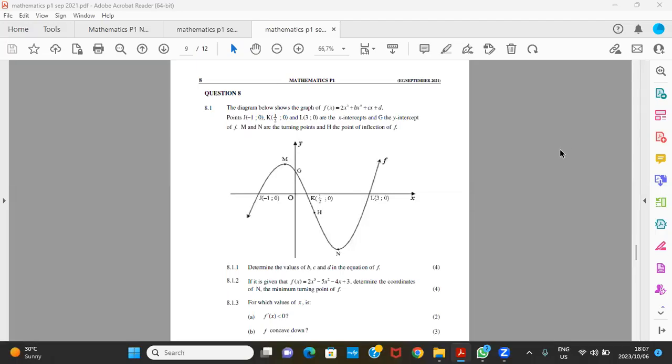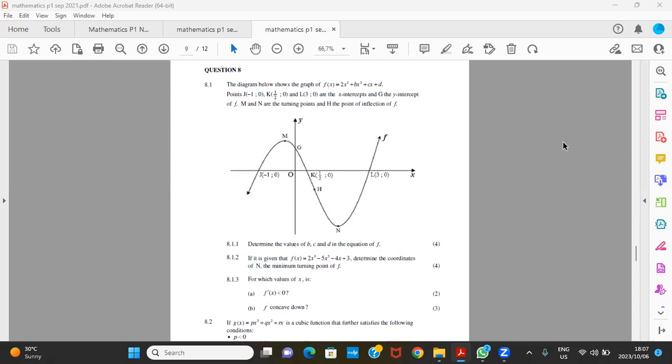So question 8, 8.1, says the diagram below shows the graph of f of x, which equals 2x cubed plus bx squared plus cx plus d. They give us that points J, K, and L are the x-intercepts, and G the y-intercept.